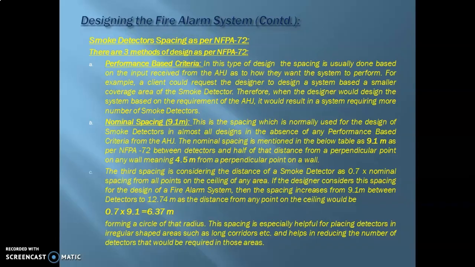This is the spacing which is normally used for the design of smoke detectors in almost all designs in the absence of any performance based criteria from the AHJ. The nominal spacing is mentioned in the below table as 9.1 meters as per NFPA 72 between detectors, and half of that distance from a perpendicular point on any wall, meaning 4.5 meters from a perpendicular point on a wall.